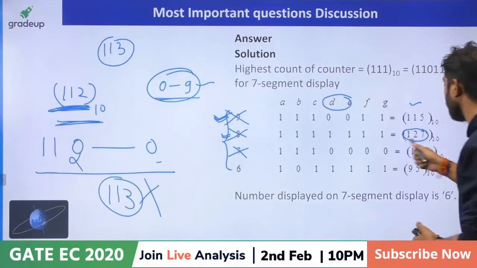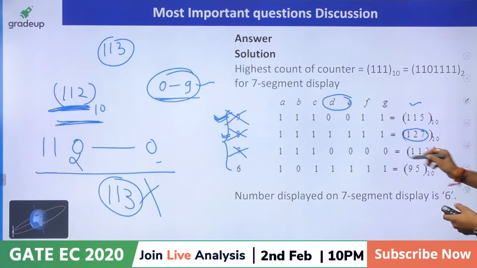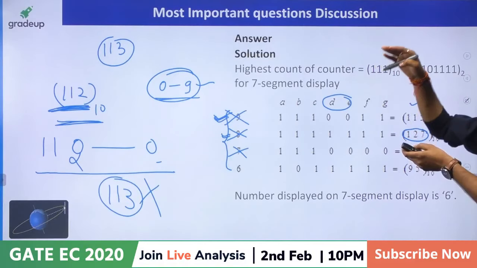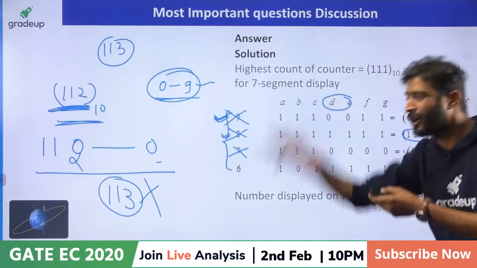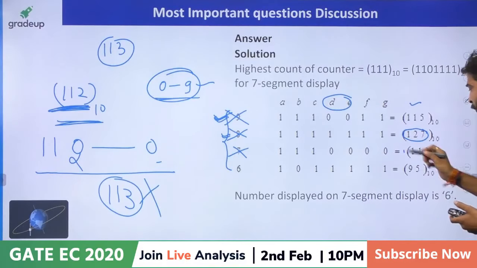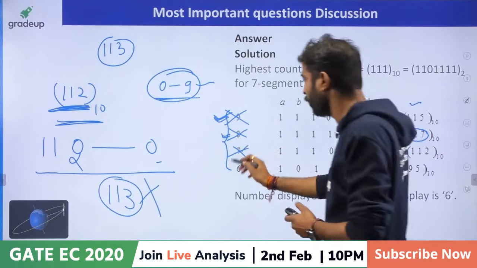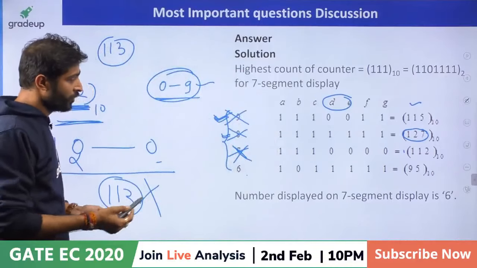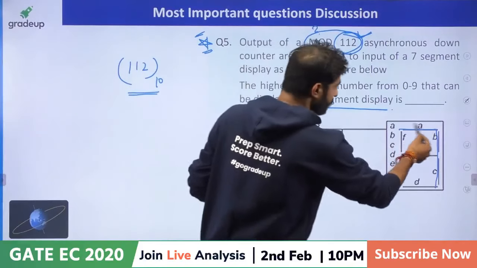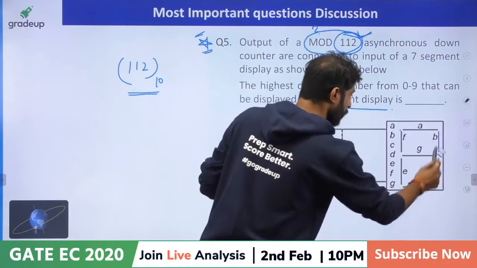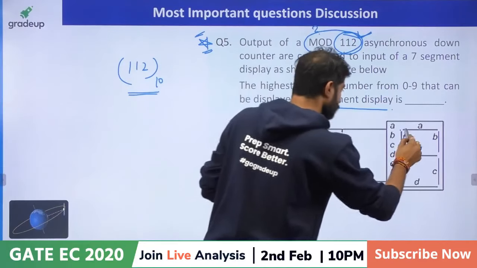If the value is 112, then counting down from 112 to 0 gives a total of 113, so the mode is 113. So it is also not a part. Now for 6, how will we write 6? You know how to write 6.